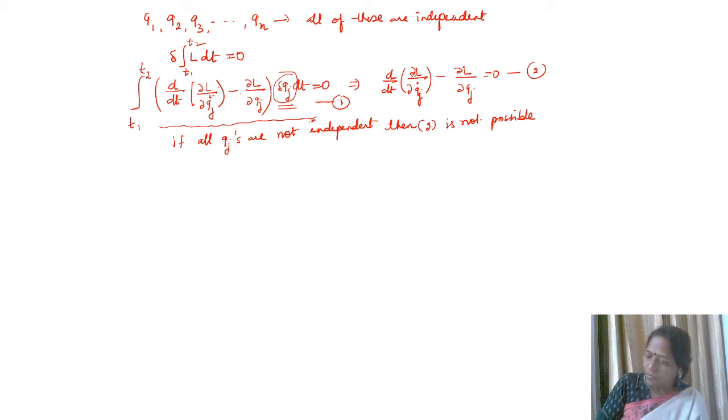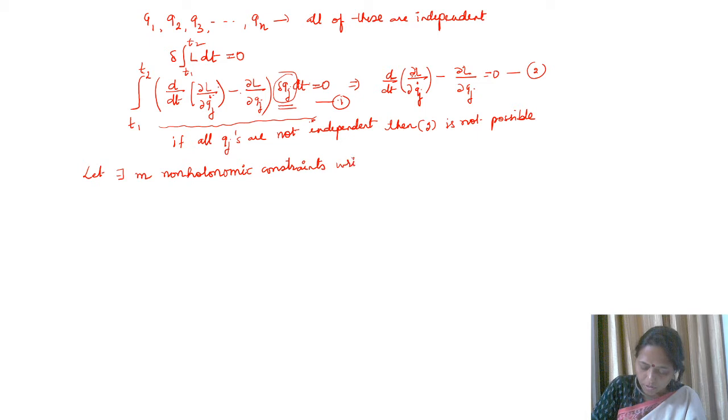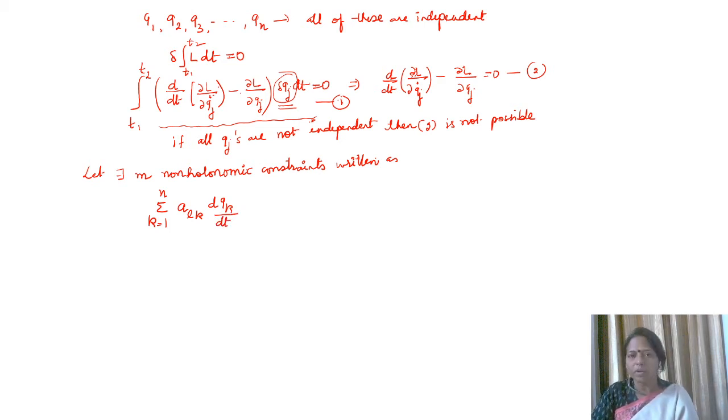Suppose there exist m non-holonomic constraints, written as the sum over k from 1 to n of a_lk dq_k/dt, where q_k is a generalized coordinate, so naturally the derivative of q_k represents the velocity, plus a_lt is equal to 0. Suppose this is your constraint.